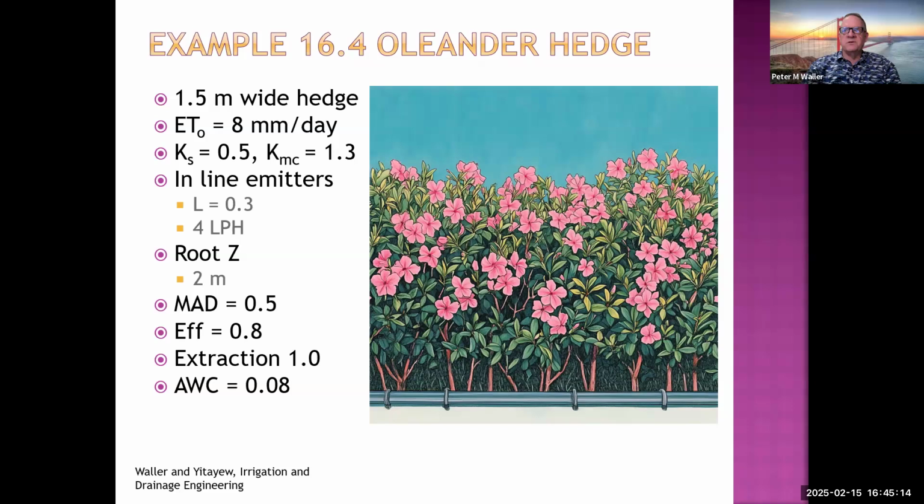The species coefficient for oleander, which is a relatively low water use plant, is 0.5. And the microclimate coefficient is 1.3 since it's on the south side of the building. The root zone depth is 2 meters. The MAD is 0.5. The irrigation efficiency is 80%. And the root extraction is not weighted, so the effective root depth is also 2.